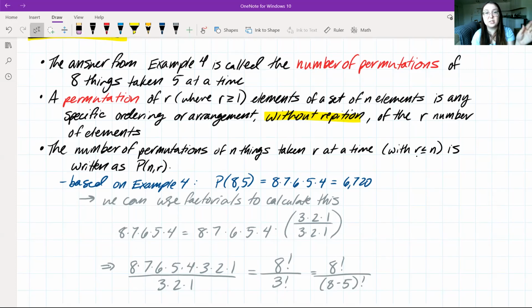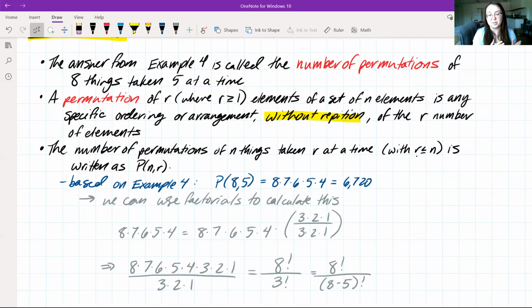This doesn't mean that we just go to 5. It means that we have 5 different slots or 5 different sections, or however you want to remember this. We normally call it events, since that's how we have called our sets before. So we could say 5 events. So this means 8 options or 8 elements, and then we're taking 5 elements at a time.